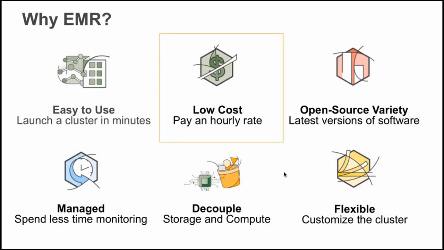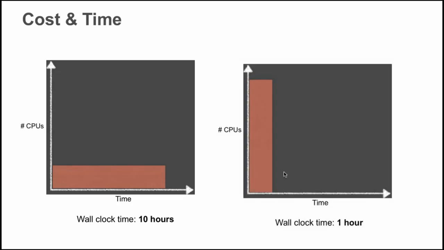EMR also provides a very low cost. You pay by the hour, right? Just like other services, a utility-based pricing model within AWS. And why is that important? If you think about wall clock time, if you look at a 10-hour job, if you had one instance and ran a job on that instance, it could potentially take you 10 hours.